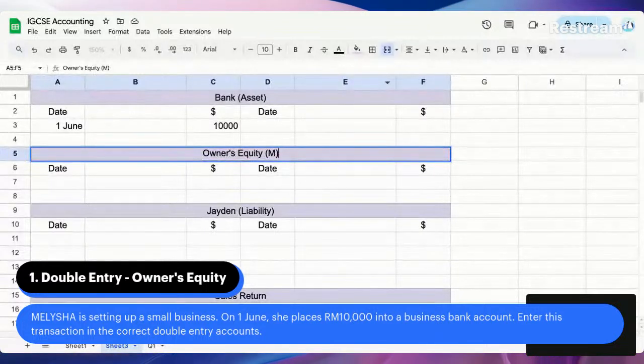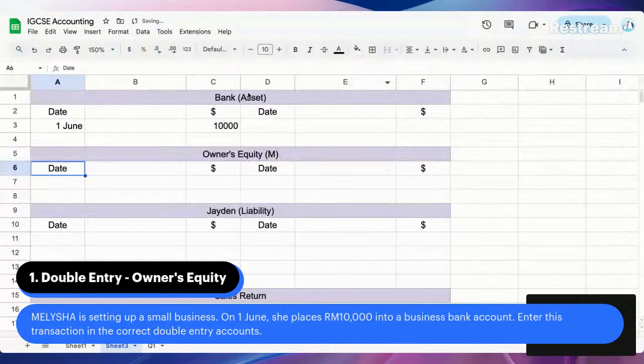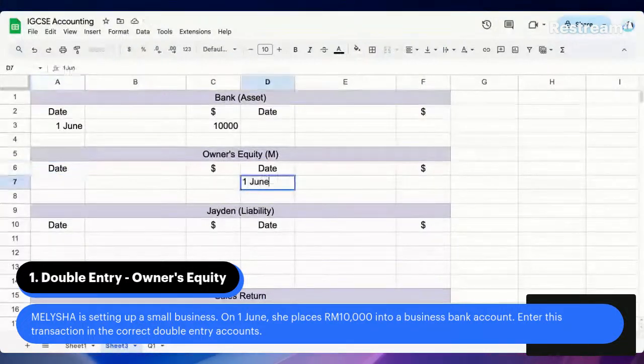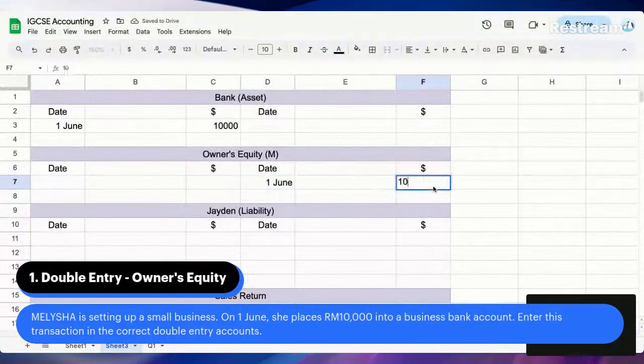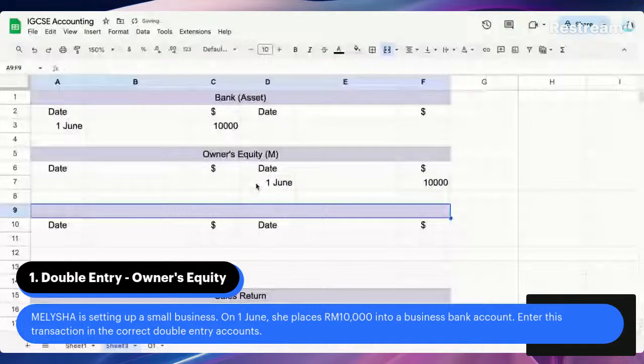I just put a hint for you so that you know. Owner equity increases, so it's the other way, which is this side, the credit side. And how much? 10,000. I don't want to confuse you, so delete this.